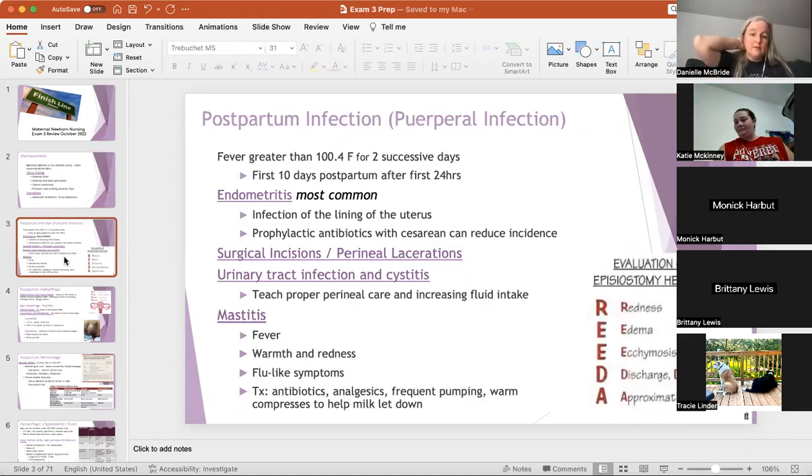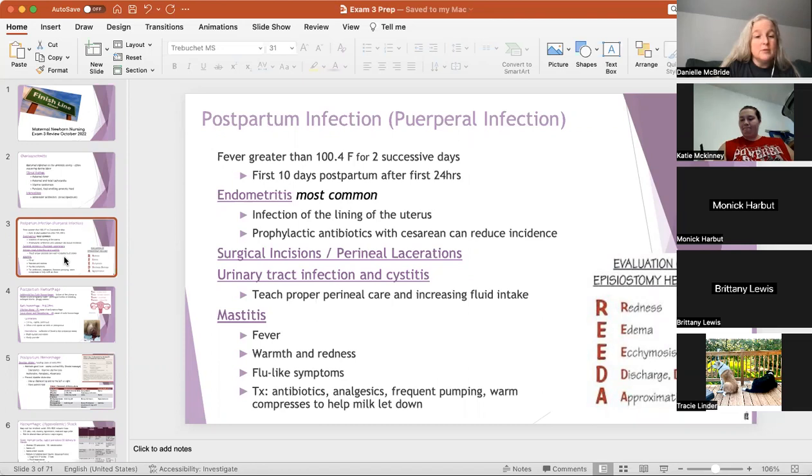All right, so then we move into our postpartum infections. What do you guys think are the infections that we worry about in the postpartum period? Endometritis. And if mom had chorioamnionitis, that might increase her risk of endometritis, right?